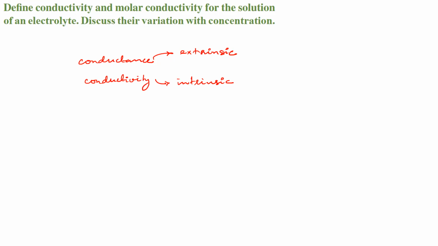Now, what is the conductivity of a solution or an electrolyte? It is again a conductance only, but a very specific type of conductance. You have an electrode like this, and another electrode like this, and between these two electrodes you have solution.